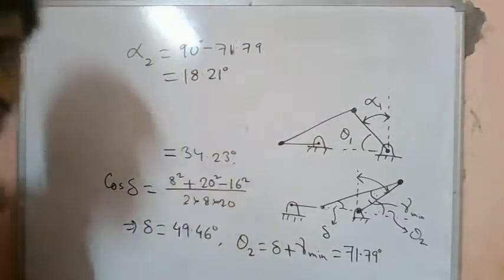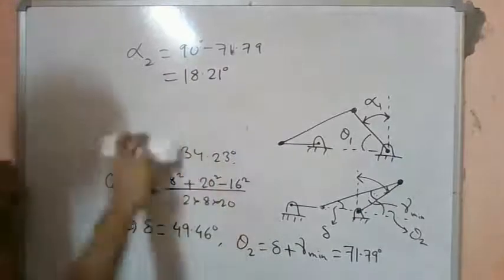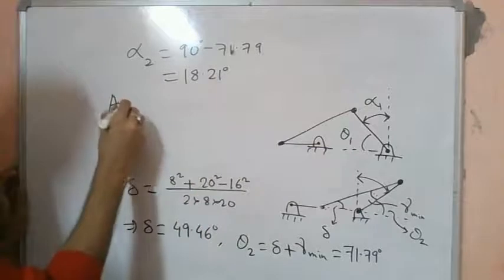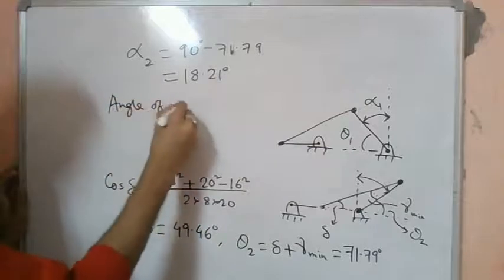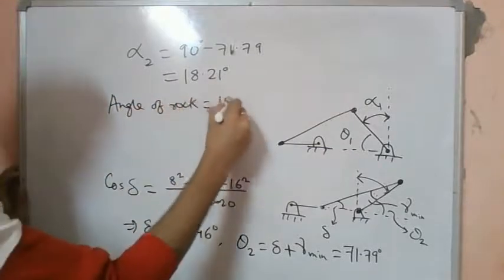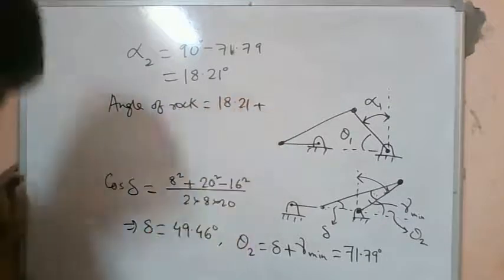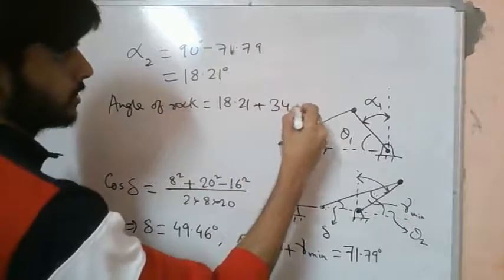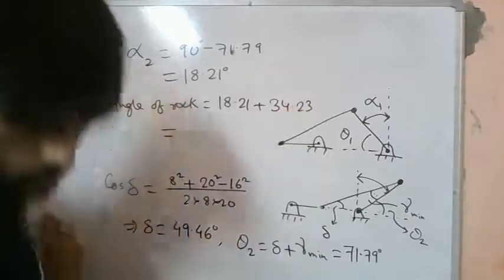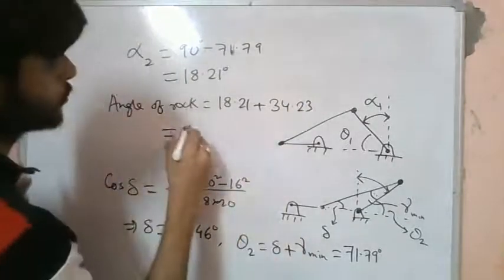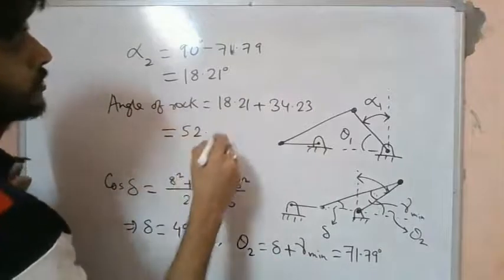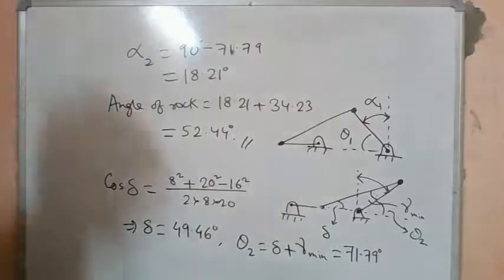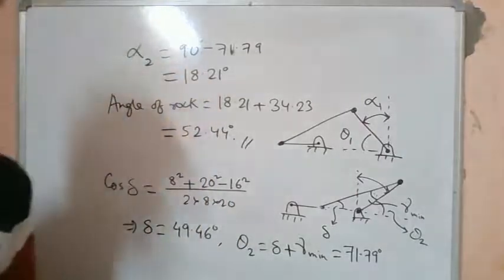So the angle of rocker becomes equal to 18.21 plus 34, so this is equal to 52.44. So these three are the parts of the question that we have solved.